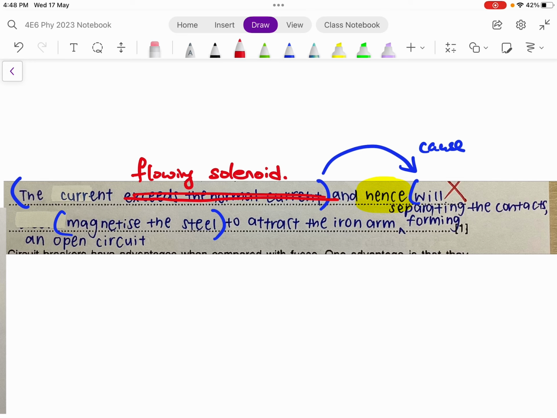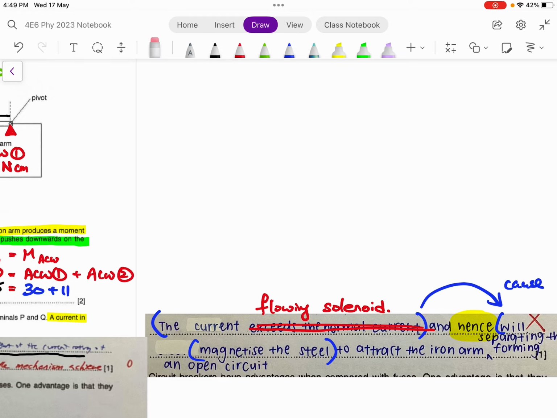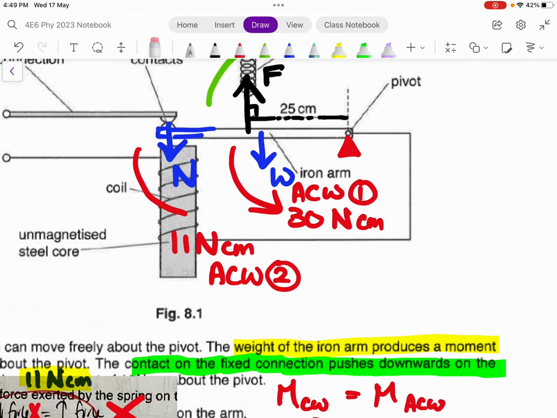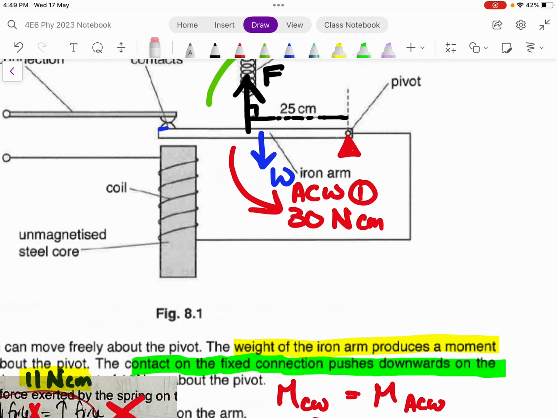Correct or not? If you have a huge current flowing through a straight wire, can it turn the steel into a permanent magnet? Cannot. So you need to point out that when the current is flowing through this particular solenoid, this coil, then it magnetizes the steel core.